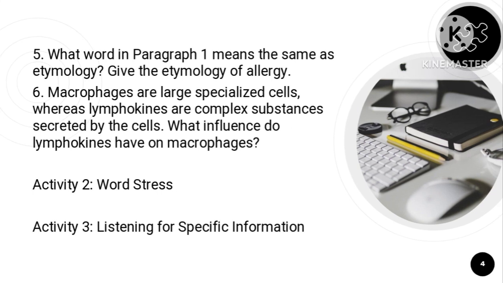Number 5 is, what word in paragraph 1 means the same as etymology. Give the etymology of allergy. Next is, macrophages are large specialized cells, whereas lymphokines are complex substances secreted by the cells. What influence do lymphokines have on macrophages? We have also activity 2, which is word stress, and activity 3, which is listening for specific information.